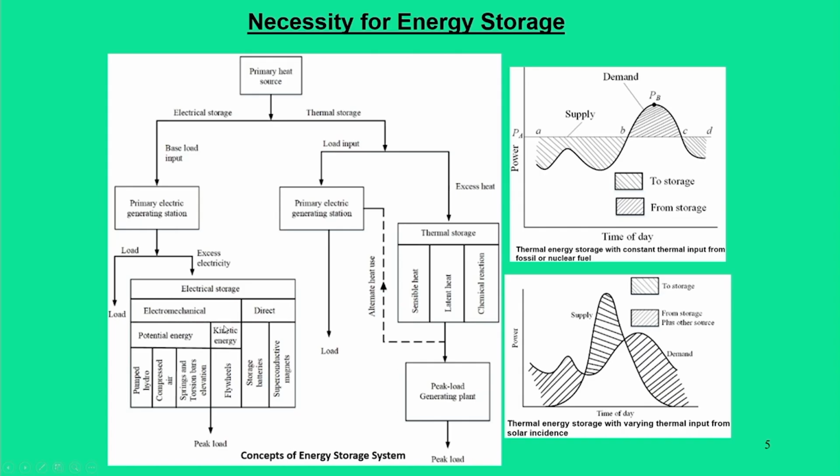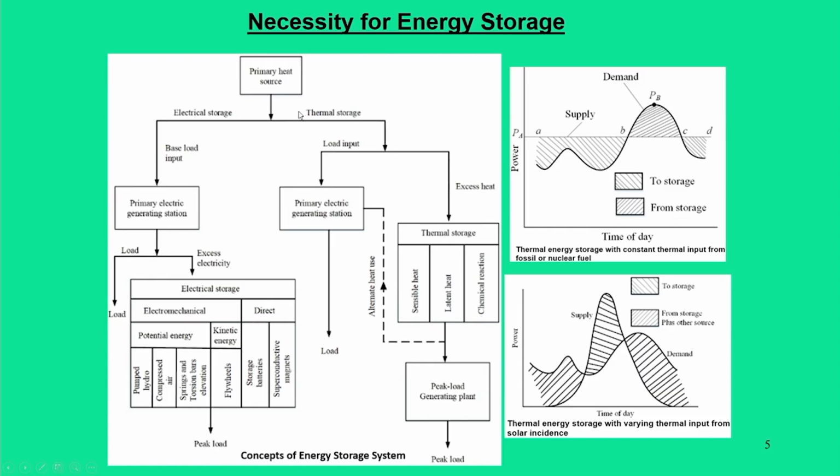The other part is kinetic energy based systems, where energy is stored in flywheels. A typical example is the flywheel used in a conventional IC engine based plant or engine. Another kind is direct storage of electrical energy, in the form of storage batteries and superconducting magnets.